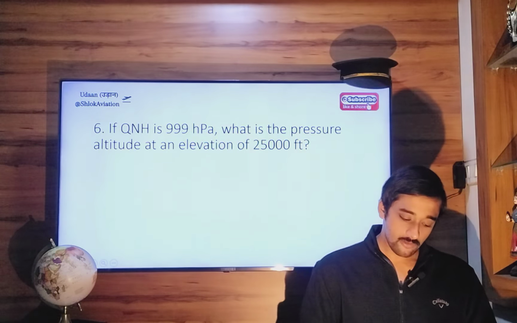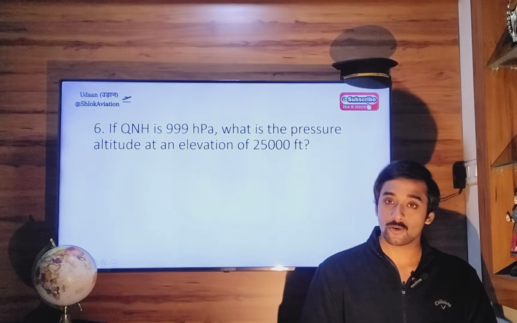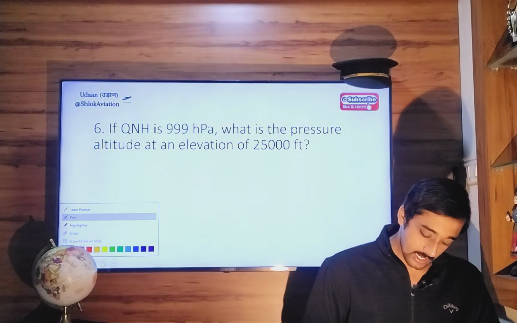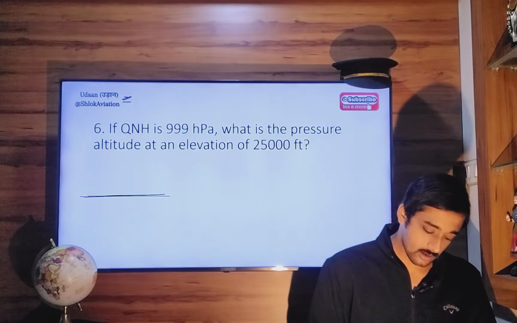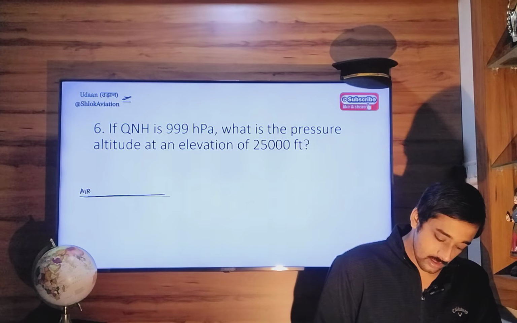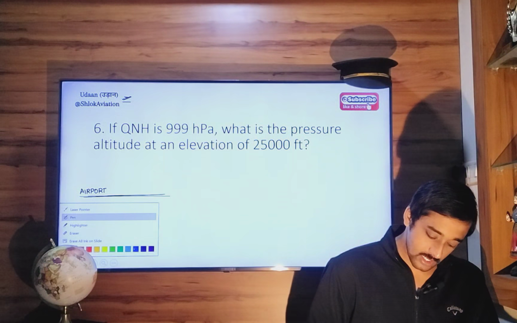Next, if QNH is 999, what is pressure altitude at an elevation of 25,000 feet? So elevation, let's say they are talking about the elevation of an airport. Elevation is always measured from mean sea level. So let's draw a mean sea level.